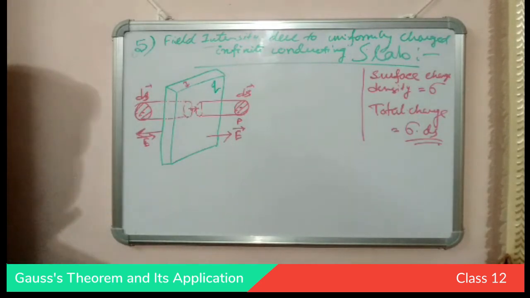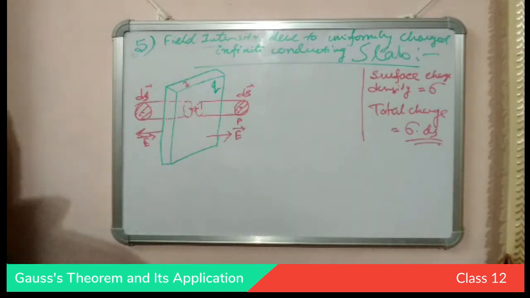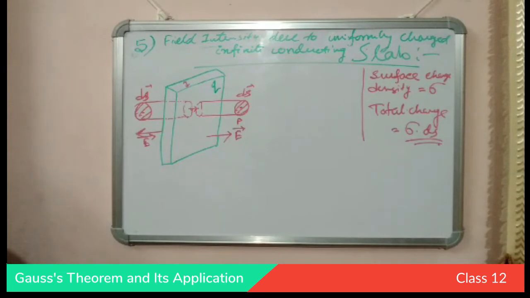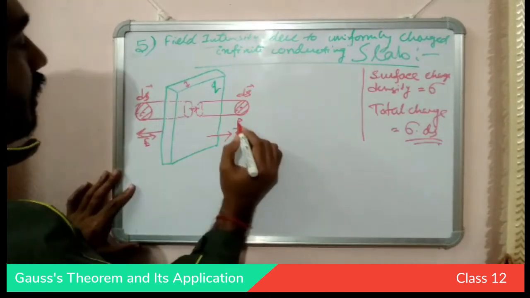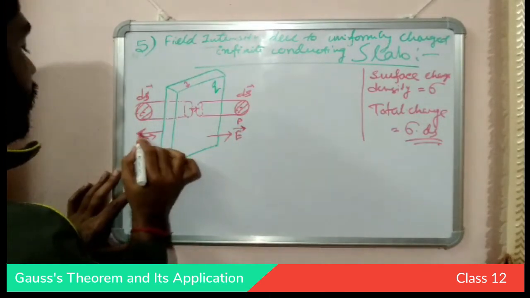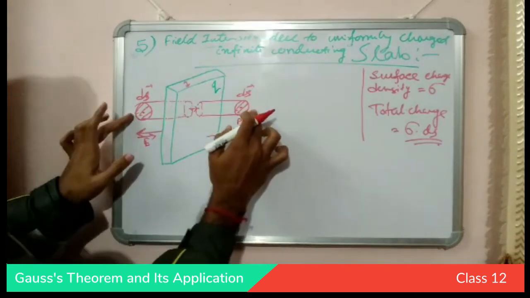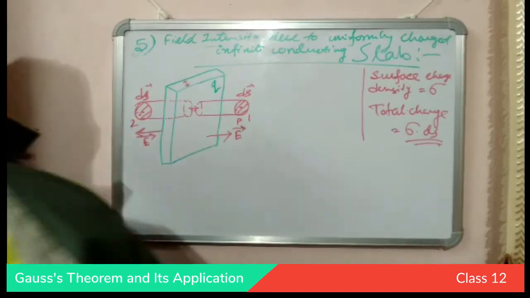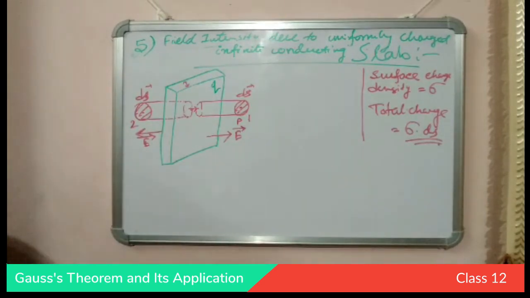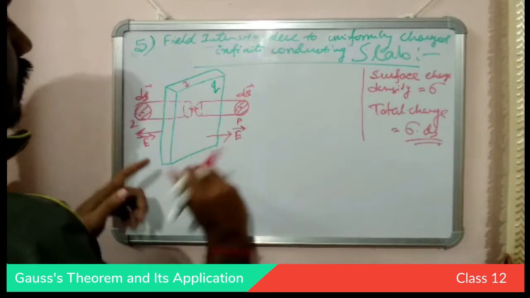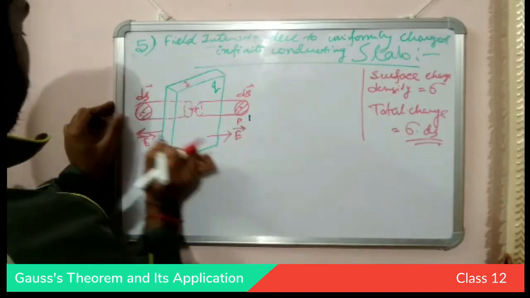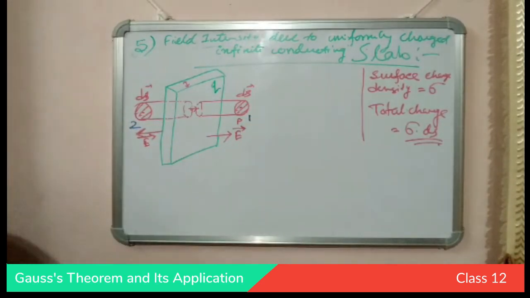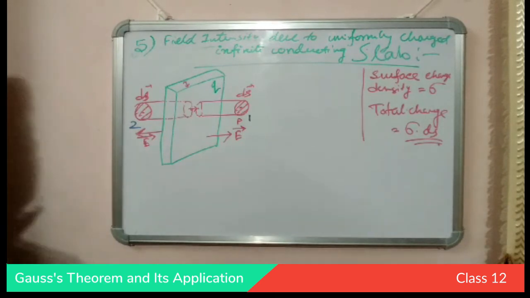Now we will apply Gauss's theorem. So here is E and here is also another E, and the two are different. This is number 1 and this is number 2. So there are two different surfaces.